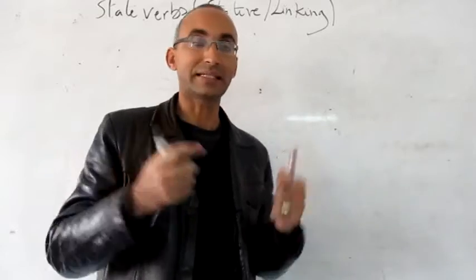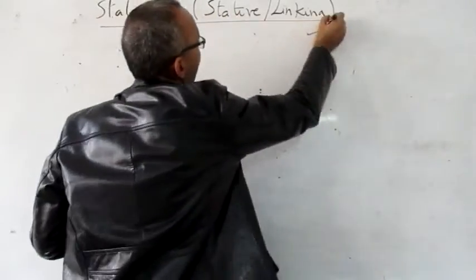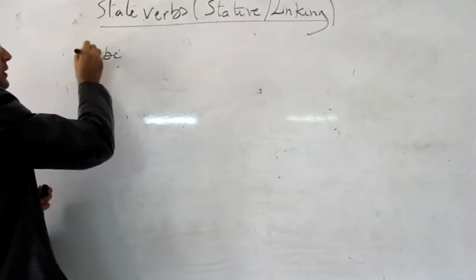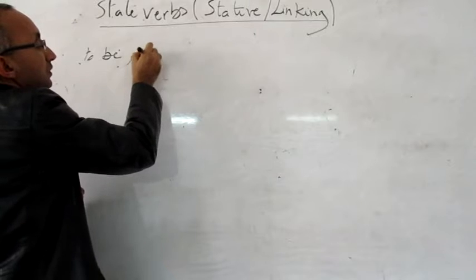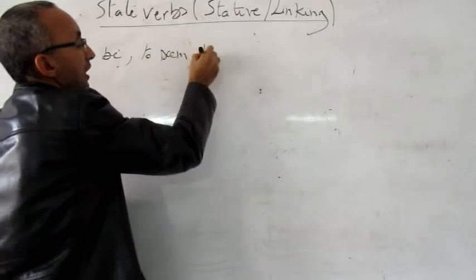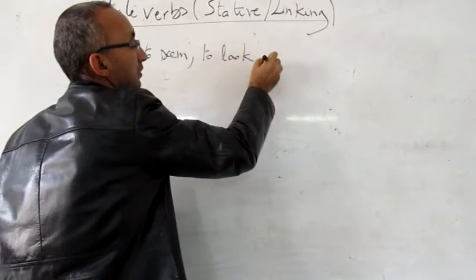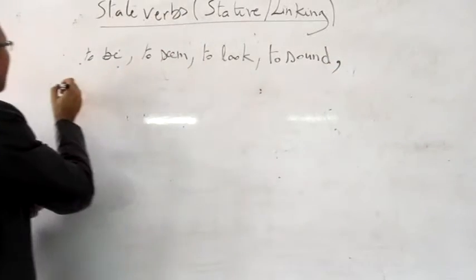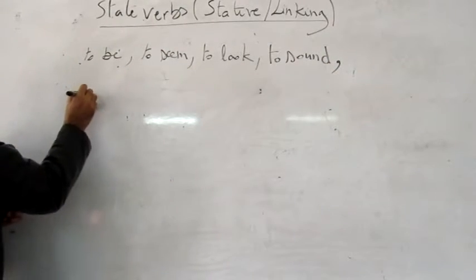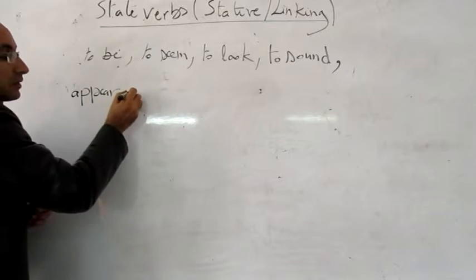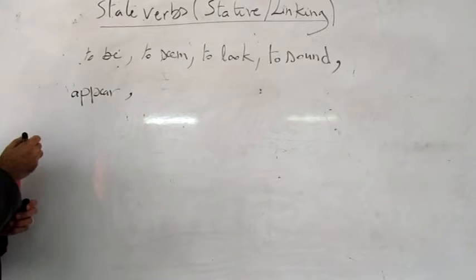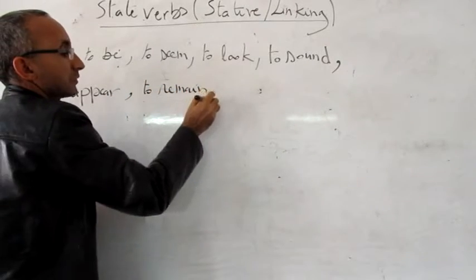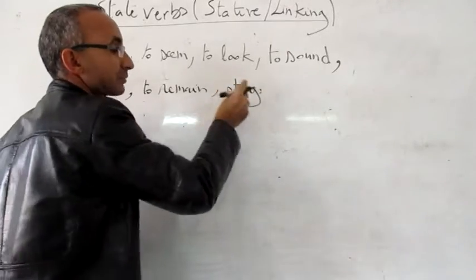And we have this list, which starts first with the first and the widely used one, which is the verb to be. Also we have to seem, also to look, to sound, also to appear, also we have remain, stand sometimes.